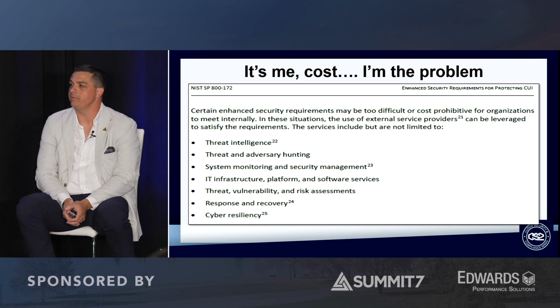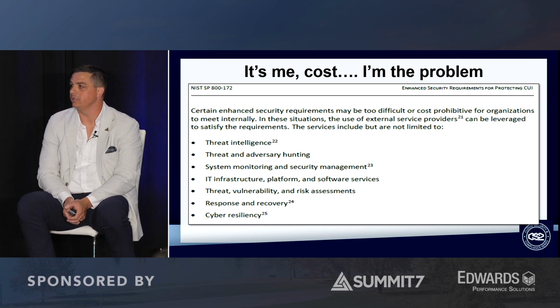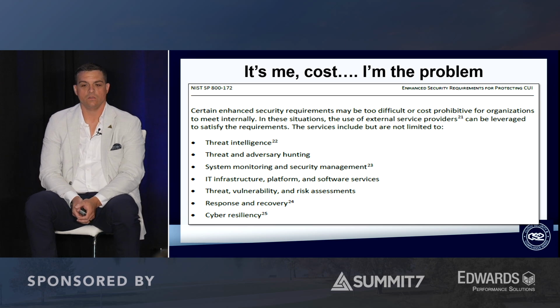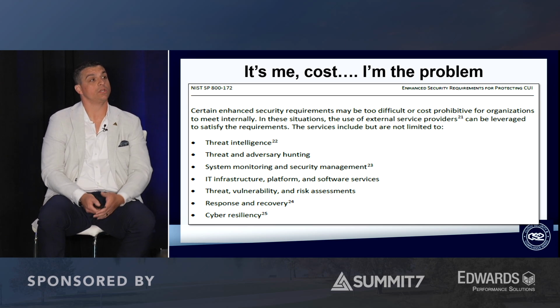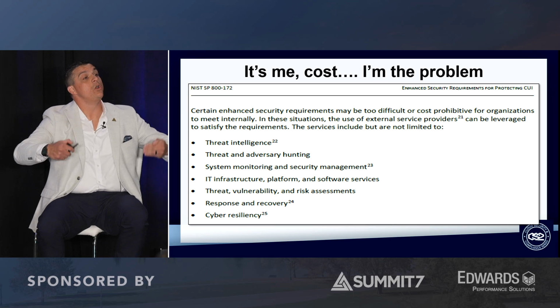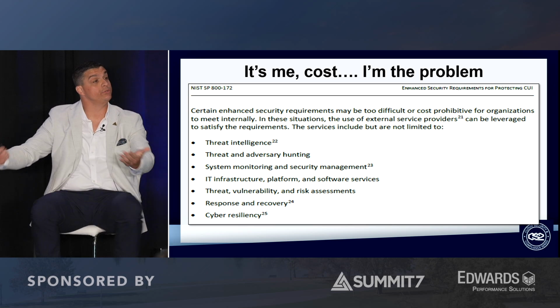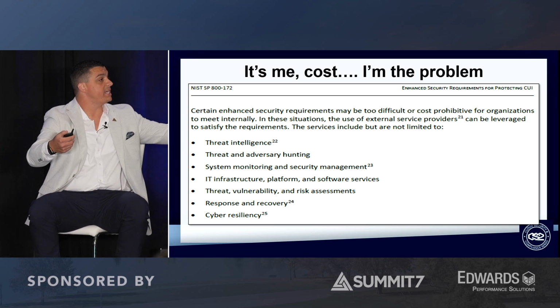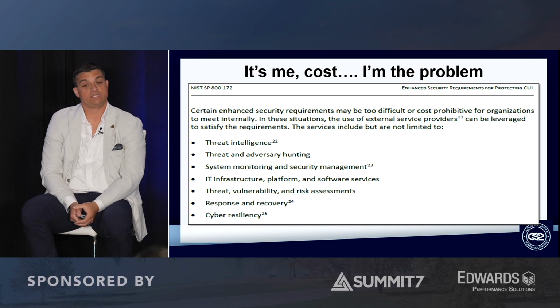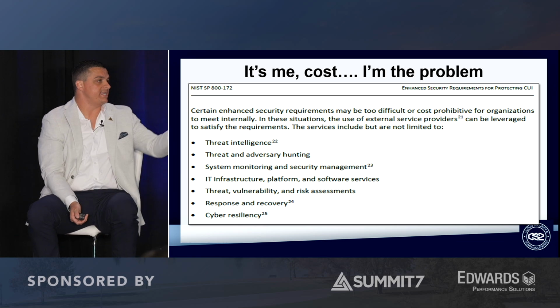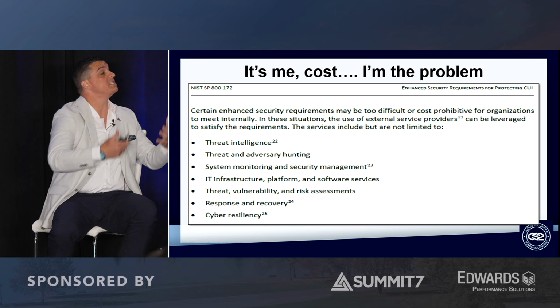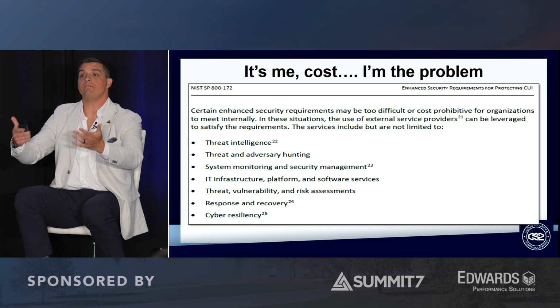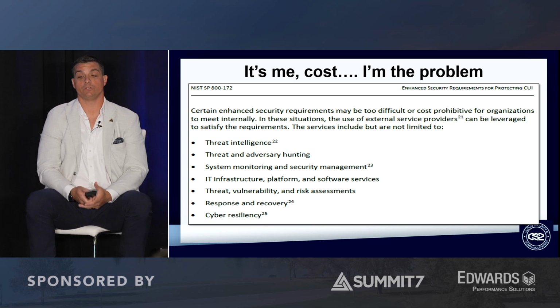System monitoring and security management sounds like what I'm doing for audit and accountability, kind of, right? What about IT infrastructure platform services? You're probably already doing some of that, or having some outsourced provider do that for you as part of your implementation for 171 anyways. Same thing with vulnerability and risk assessments. We just add threat into it for 172. And response and recovery, you have an incident response policy that you're responsible for delivering.